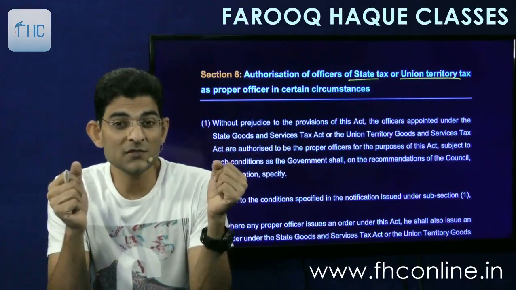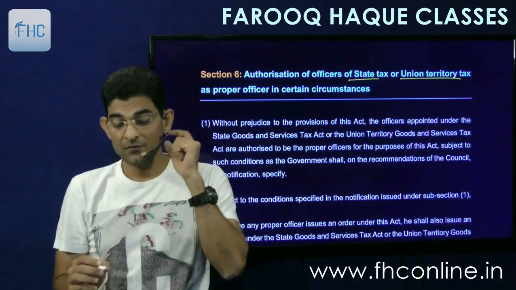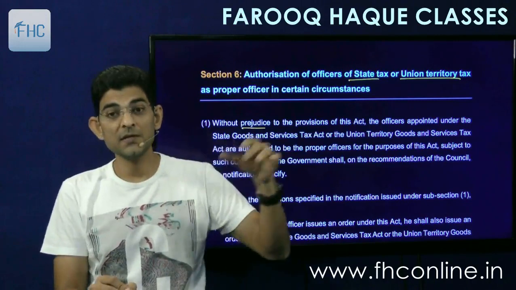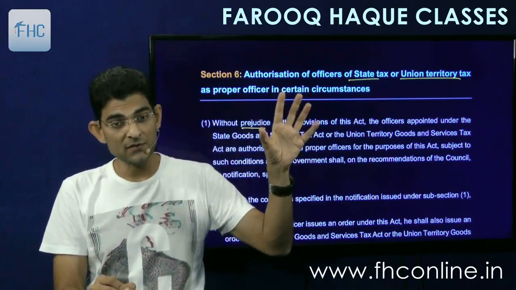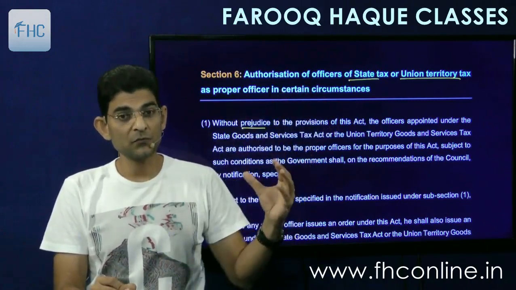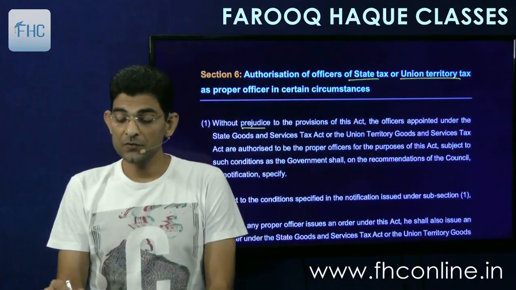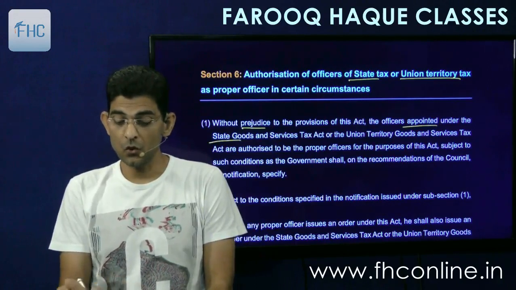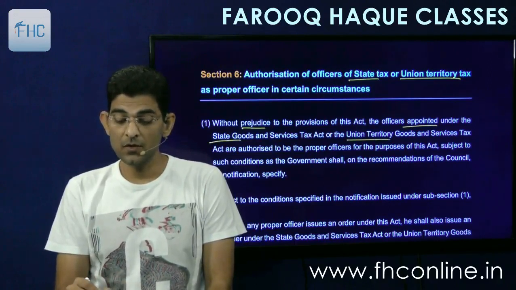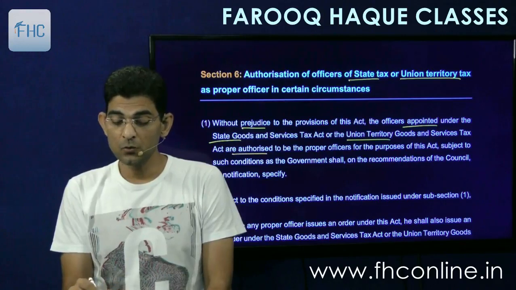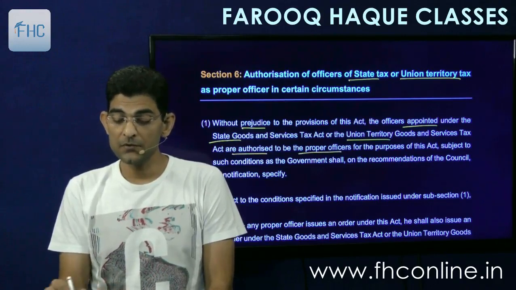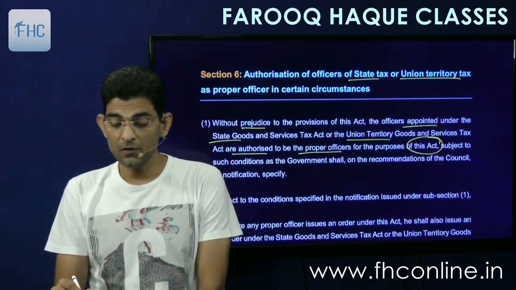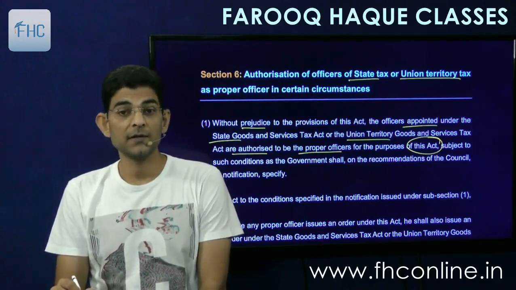So for that there is section 6. What does it say? Without prejudice to the provisions of this act. Without prejudice means if there is any other provision of the act, that will guide us. But if there is no such provision, then you have to follow this. The officers appointed under the state GST or the UT GST are authorized to be proper officers for the purposes of this act, subject to such conditions as the government may, on the recommendation of the council, notify.